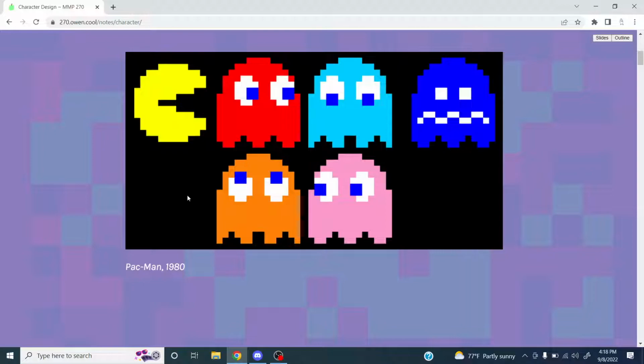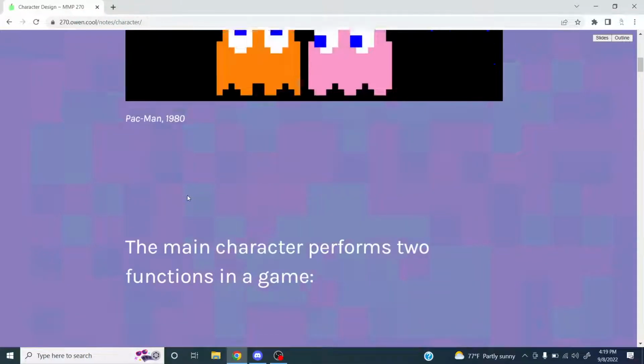Even though with a modern computer we can make a much higher level of detail, a lot of games are still made with this aesthetic because it's a reference to this history where we had a lot less memory and a lot less screen space to work with. That created these constraints, which in some ways were good for creating these simple, easily identifiable characters.